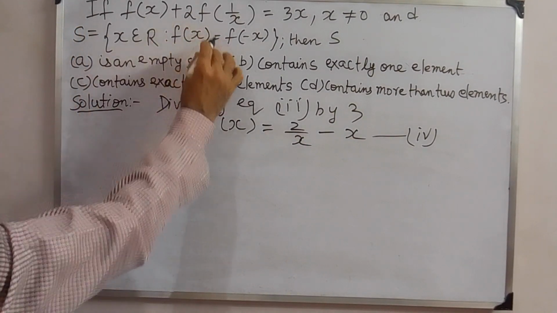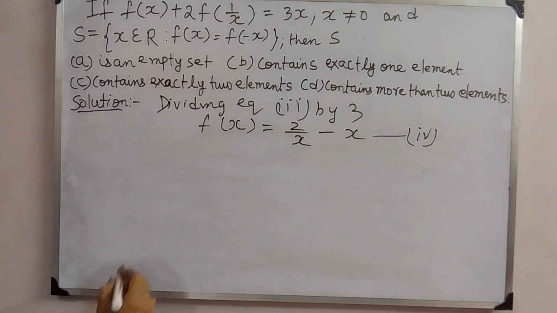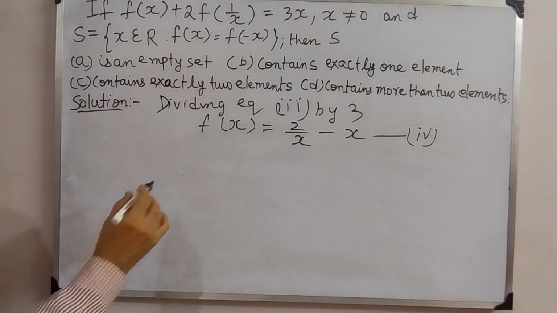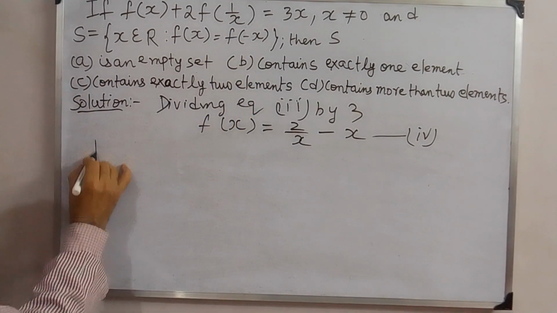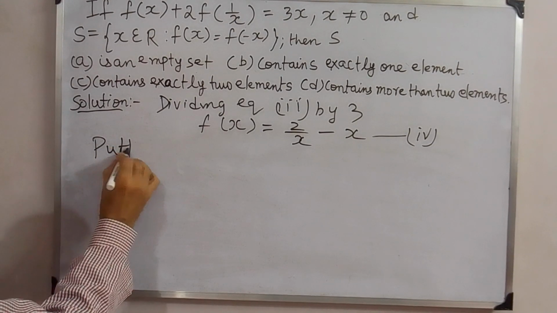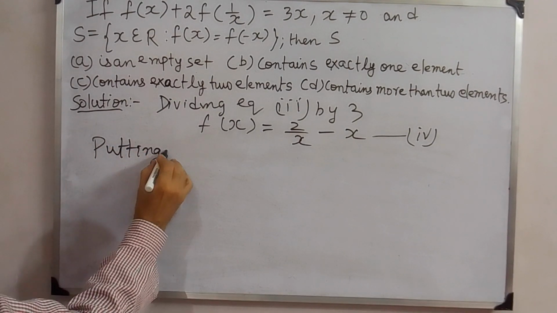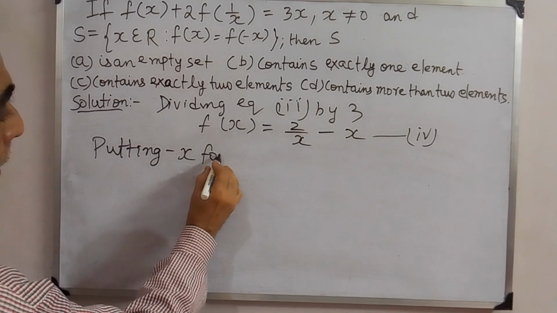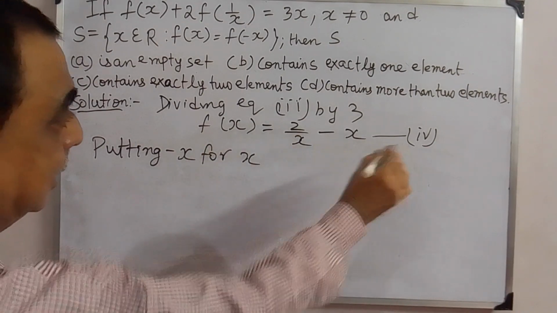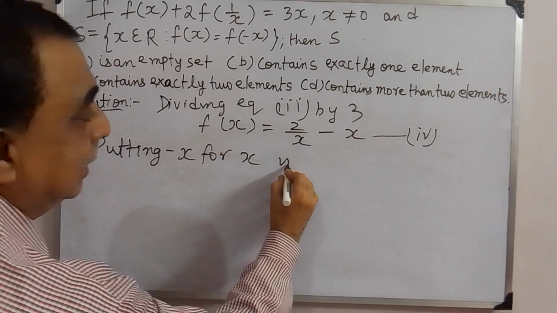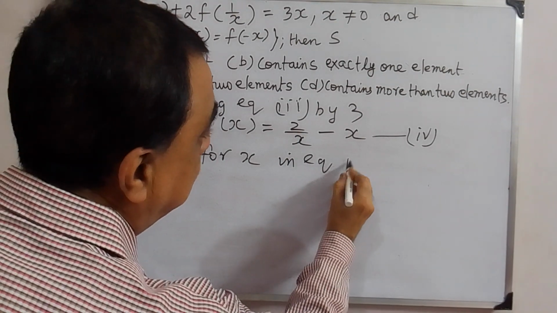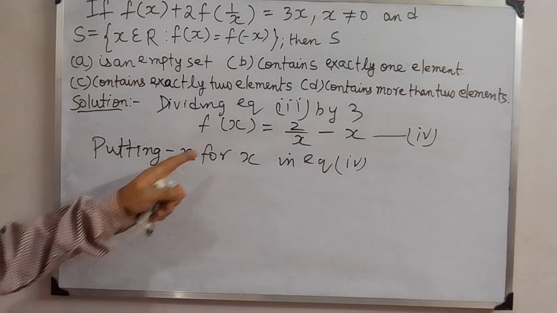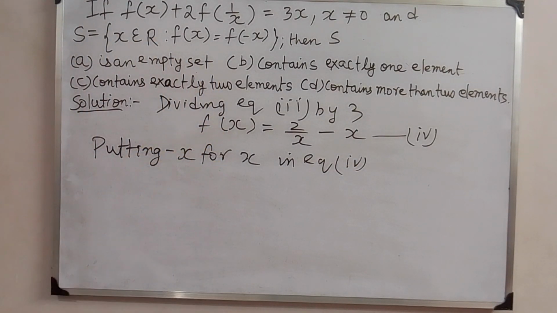But it is given to us that f(x) is equal to f(minus x). So now, in equation 4, for x I am putting minus x.